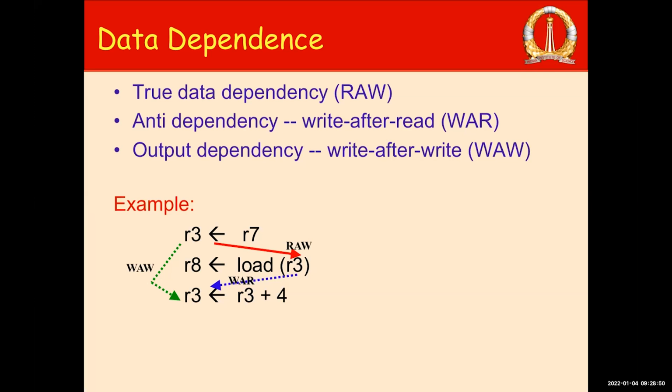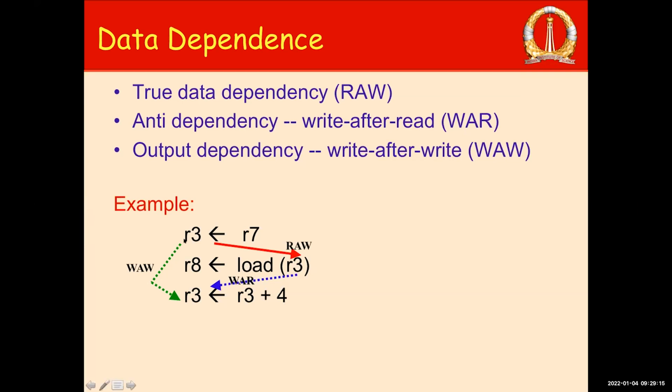When you are doing instruction execution, it is important that all of these dependencies are obeyed. The true dependency happens because the values produced by one instruction have to be passed to other instructions, whereas the other two dependencies, anti and output dependencies, happen because you are reusing some of the registers.